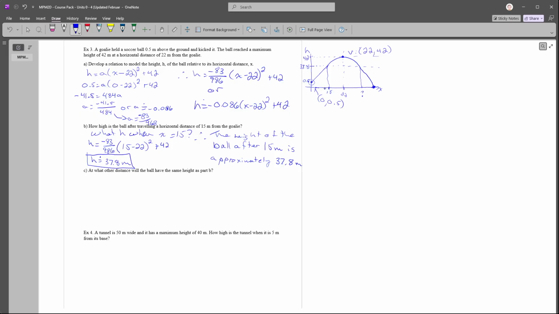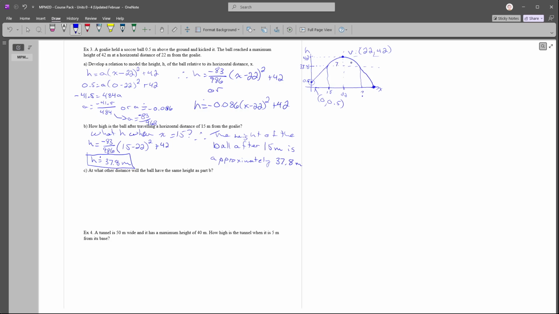Now, there's actually quite a few ways to solve this problem. There's a very simple way, and then there's a much more complex way. The simple way says, well, 15 is how far away from the midpoint? Remember, we're talking about a symmetrical curve here. It's 7.